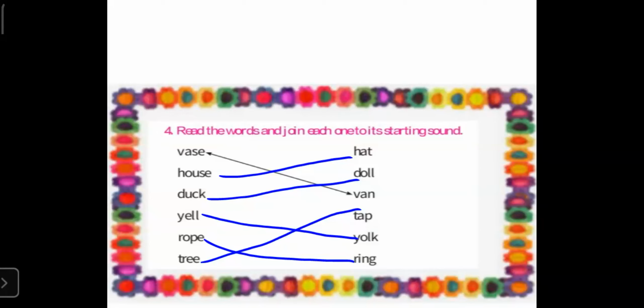Okay, students, have you understood till here what we have learned in this lesson? Let's do a small revision of what we have learned today.